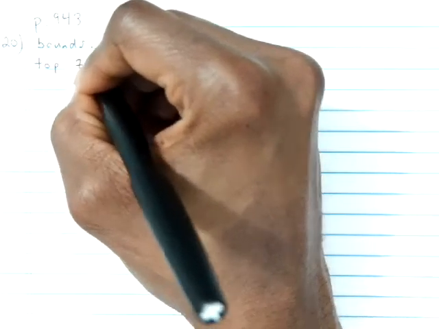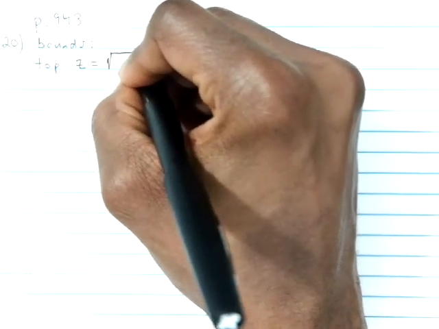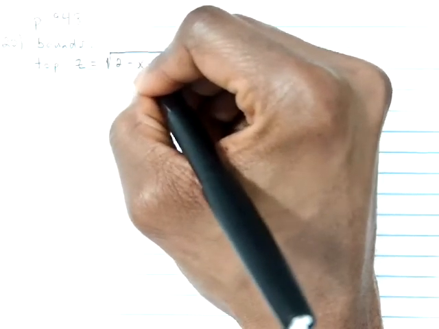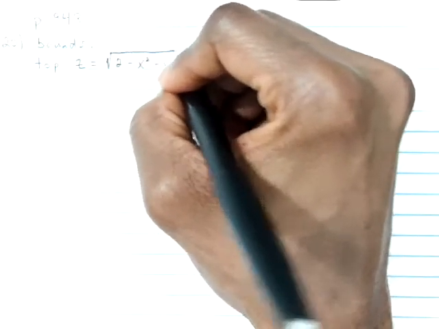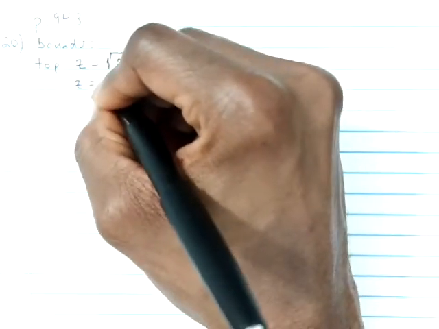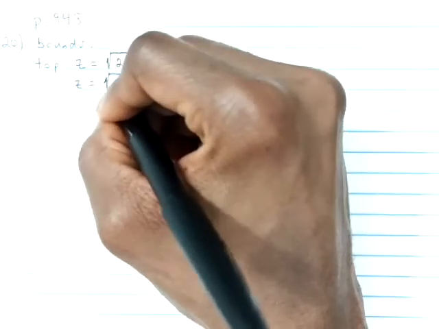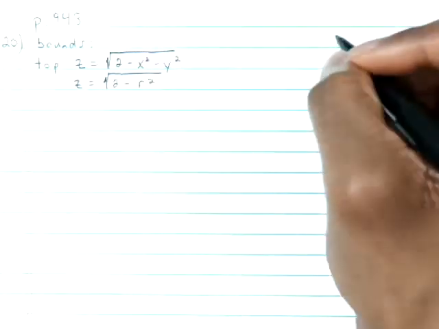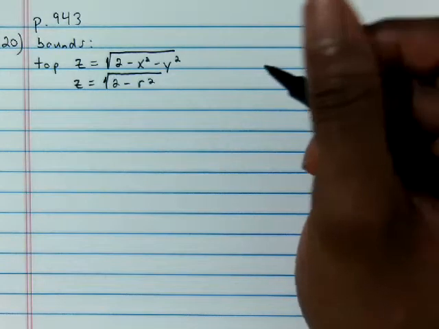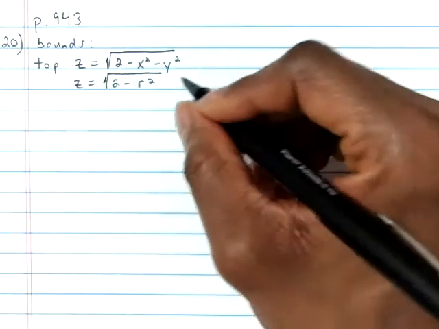So z equals the square root of 2 minus x squared minus y squared. We'll go ahead and convert that to cylindrical coordinates, which is the square root of 2 minus r squared. And that's our F1. Sorry, I keep forgetting to write that there. So that's going to be our F1 as the top.